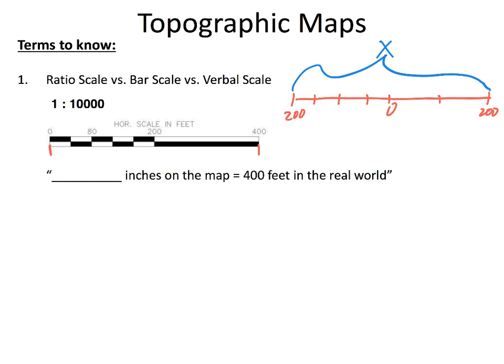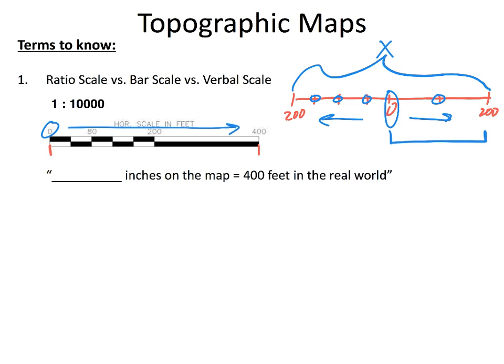So you can see in this one over here on the left, my 0 is there, and the scale just goes this way. Sometimes they'll give you the 0 in the middle with a scale going both ways just to give you different breakdowns of that scale. So make sure that if you're presented with a bar scale that looks like this, you only measure that amount as being 200 feet in real life.